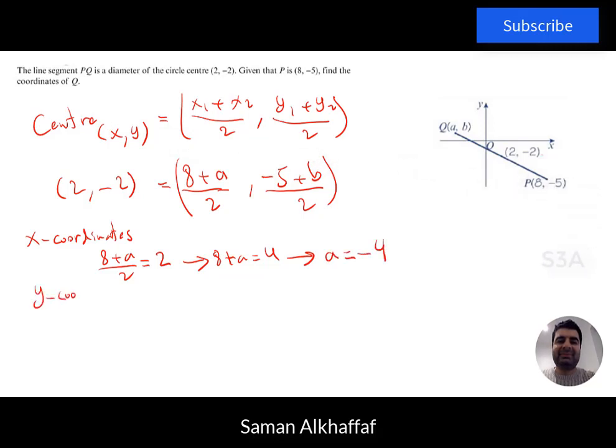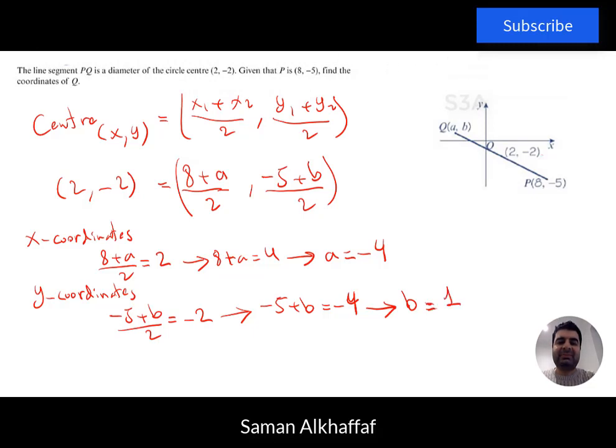Now we look at the y coordinates, which will give us -5 plus b over 2 equal -2. So that in this scenario we would have -5 plus b equal -4, and then we'll try to simplify this by moving the -5 to the right hand side, so that would give us b being 1.